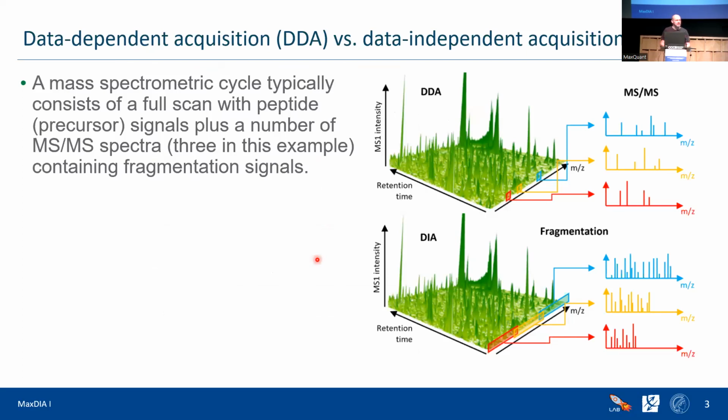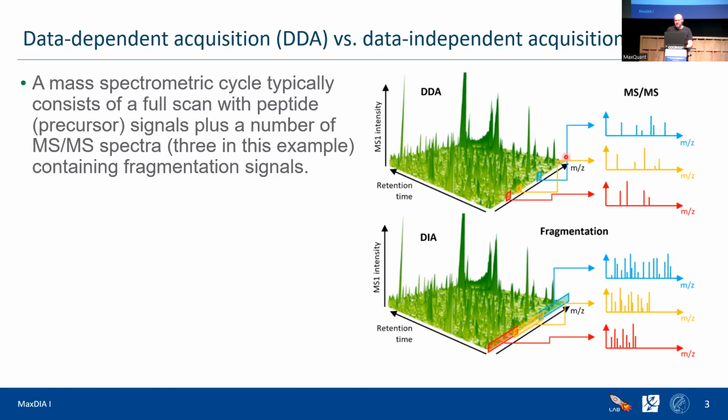As you remember from yesterday, these are the two main ways, aside from targeted proteomics, to analyze or record shotgun proteomic data: the data dependent mode and the data independent mode. The MS1 data is the same between the two, and the MSMS data in the data dependent mode, as the name says, depends on the data and tries to isolate, if possible, single molecular species, in this case single peptides, for fragmentation.